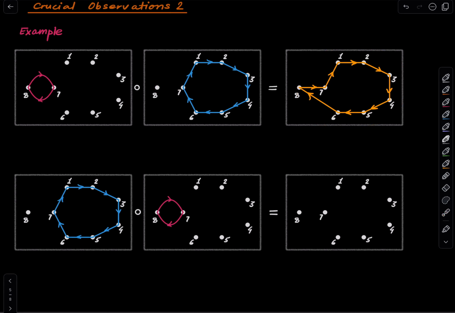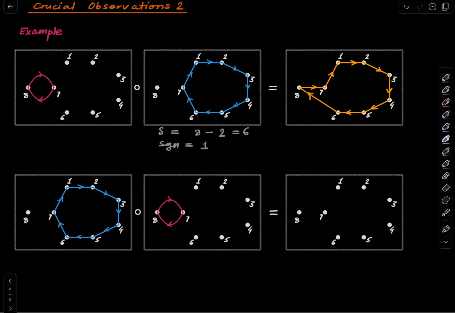So let's see what happens to the signs. The delta of this one is 8 minus 2, because 8 is the total number of things in your set, and there is this one blue cycle and one cycle, so there are a total of 2 cycles. 8 minus 2, which is 6, and hence the sign is 1.